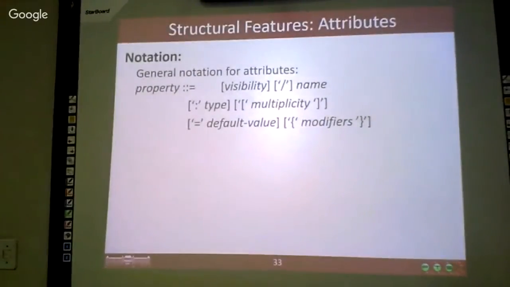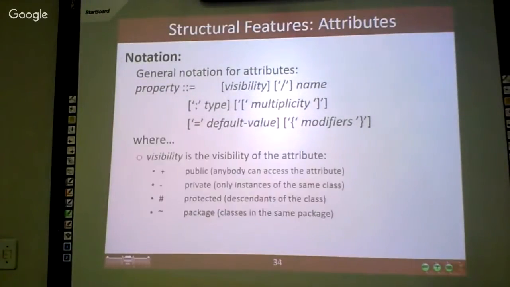What are the elements? At first you define the visibility of the attribute. It can be public, which means that anybody can access this attribute, you and me too. It can be private, which means that only instances of the same class can access this attribute.